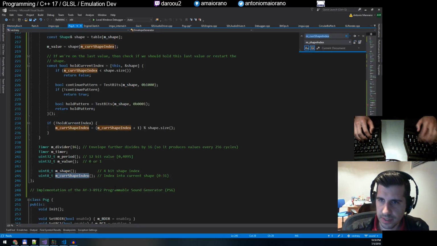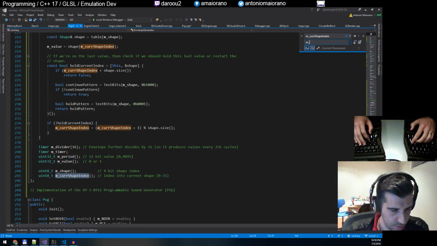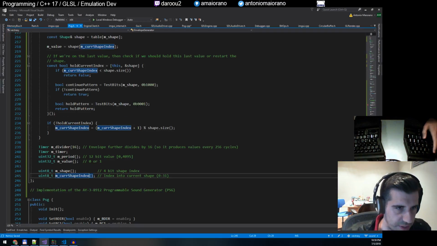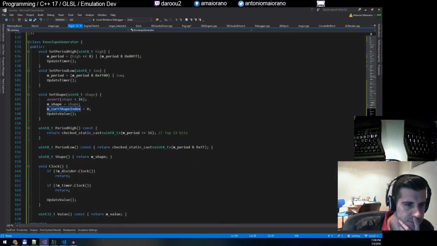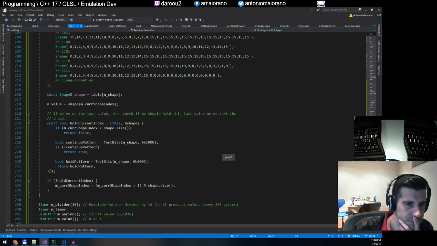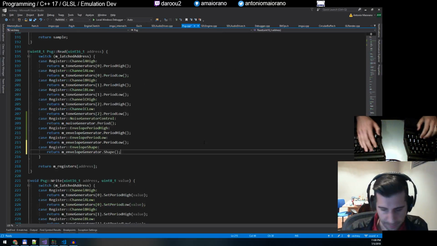This is not a shape index. I'll leave it like this. I think I understand it this way. Okay.